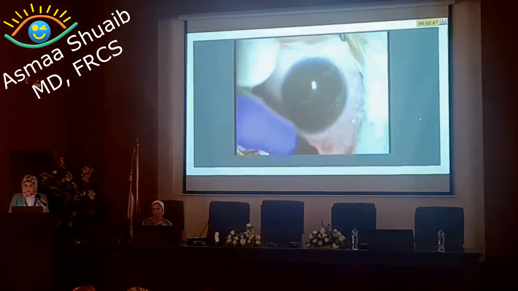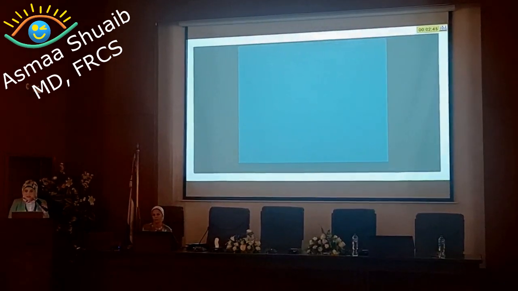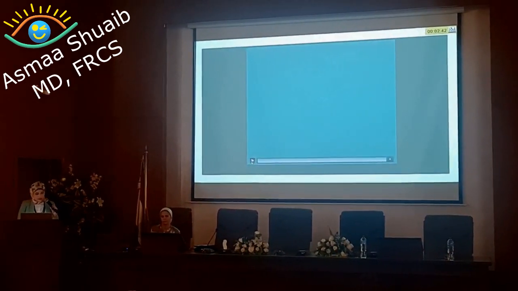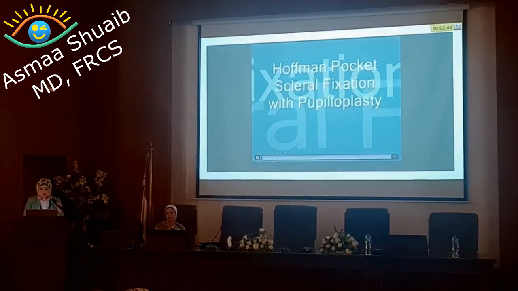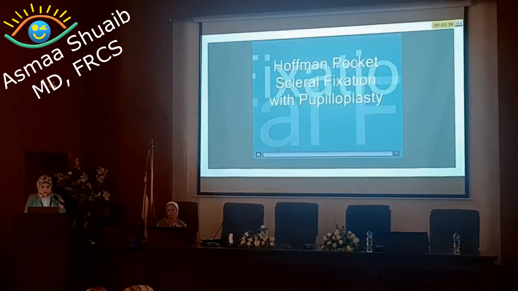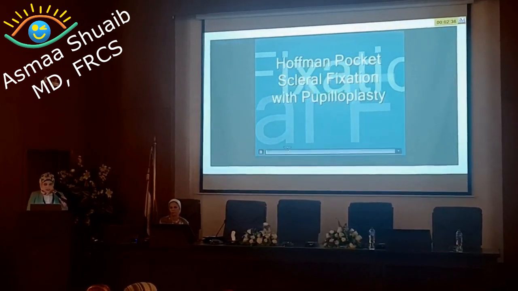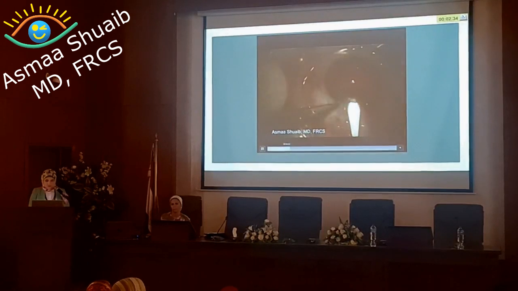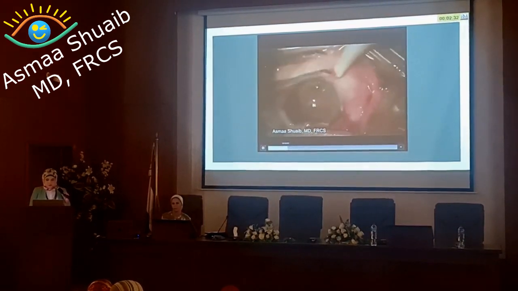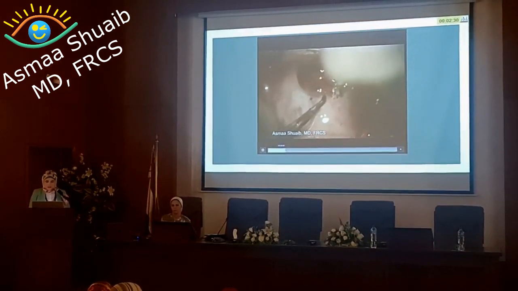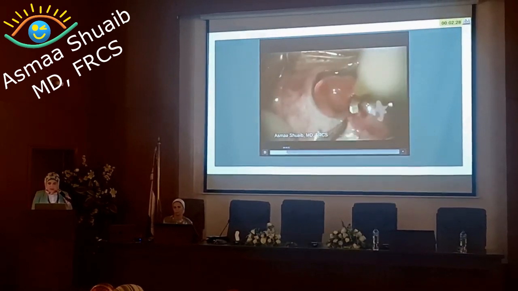The last case we are going to see here is a case of sutured scleral fixation with Hoffman pocket. In these cases, first of all, we are going to fashion the pockets, as we can see here.